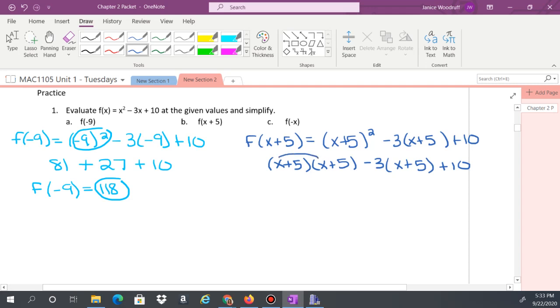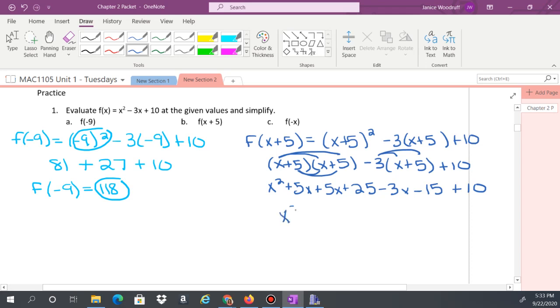So you're going to want to multiply this out. x times x is x squared. x times 5 will give us 5x. 5 times x will give us 5x. And 5 times 5 is 25. Then we can distribute the -3: -3x, and -3 times 5 will give us -15, and then a positive 10. Then we want to combine like terms.